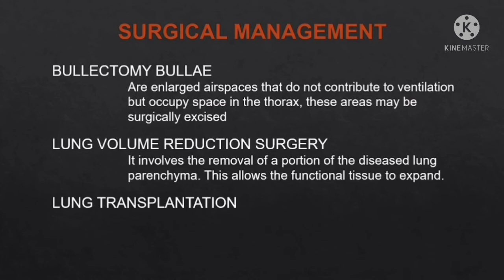Now next is lung volume reduction surgery. It involves the removal of a portion of the diseased lung parenchyma, and this allows the functional tissue to expand. Then last is the lung transplantation.